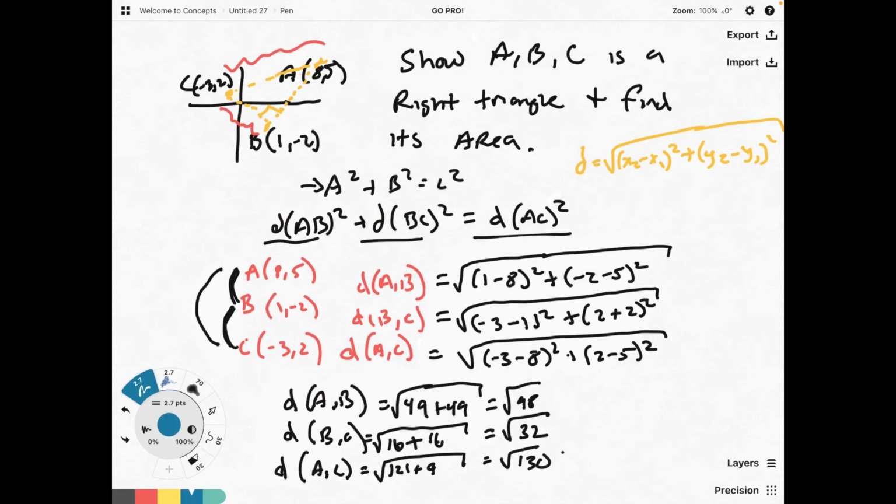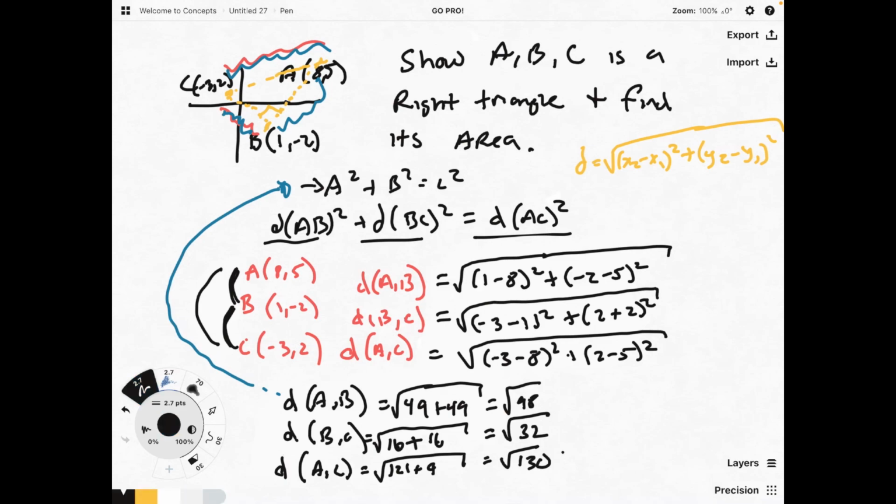Now that we have the distances between AB, BC, and AC, all we need to do is plug these values into our Pythagorean theorem located here to confirm that this is a right triangle. So we need to ensure that AB squared plus BC squared equals AC squared. So let's check to see if that works out.